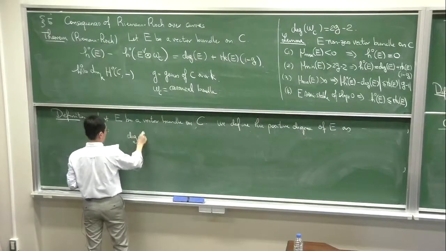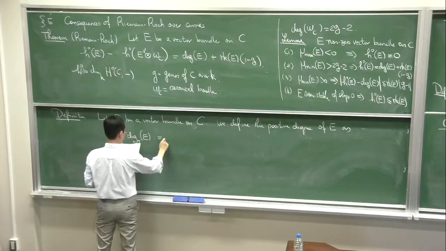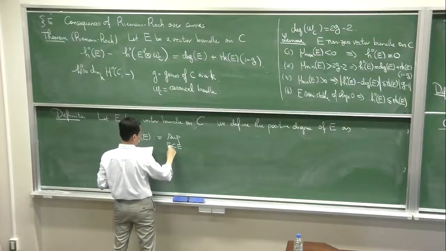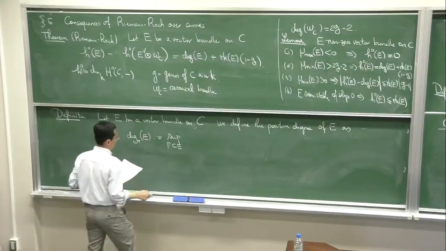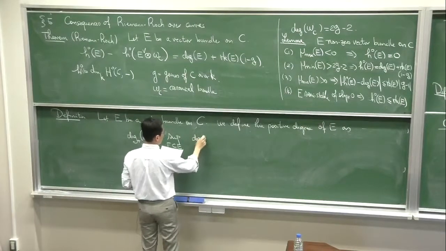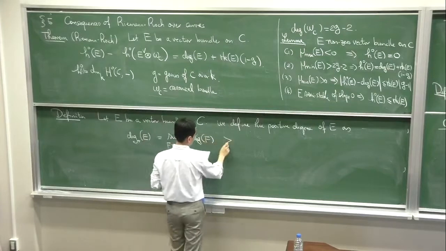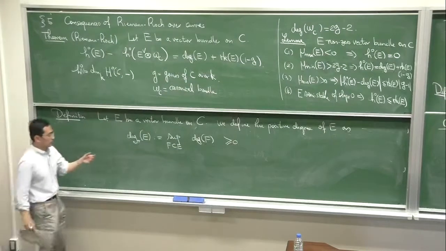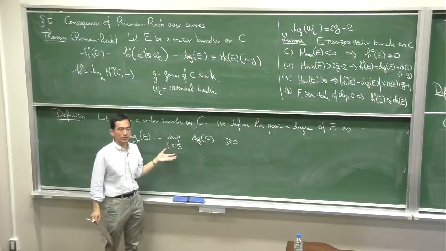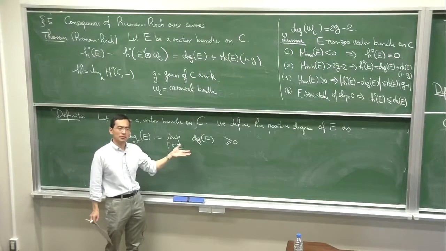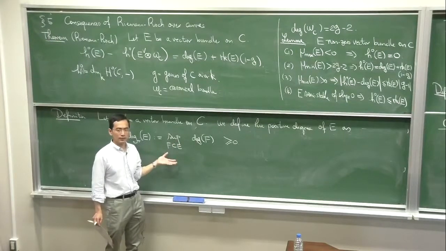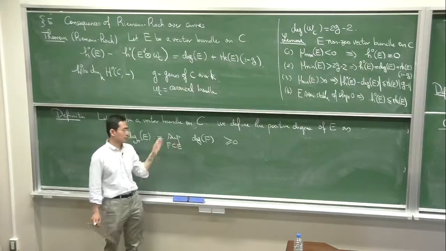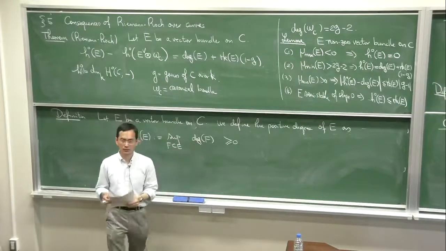Degree plus of E is defined as the supremum over F included in E, the supremum over every vector subbundle, of the degree of F. This is necessarily non-negative, because you can pick the zero vector subbundle, and if you compute the degree of the zero vector subbundle, it is 0. Therefore you always have 0 in the set, so the supremum should be non-negative.